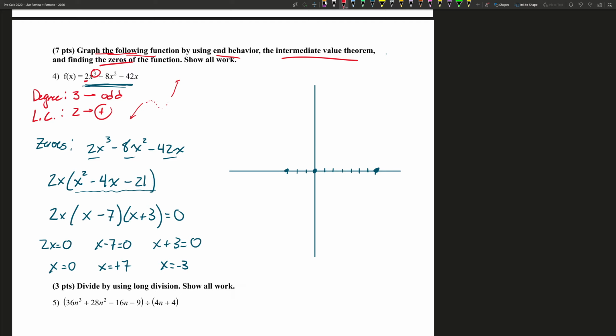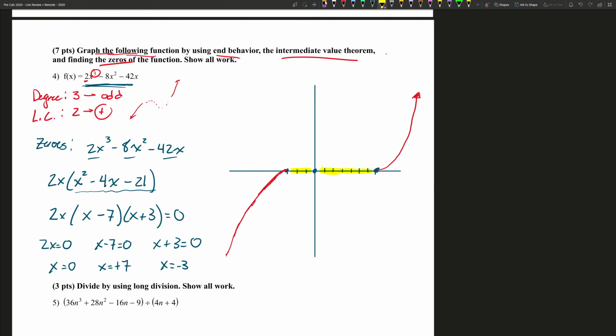So it's odd and positive, which means it starts down low and ends up top. Now our job is to figure out what happens in here and over here.